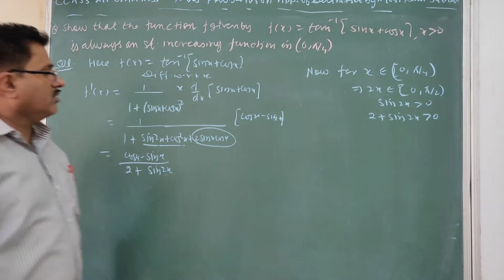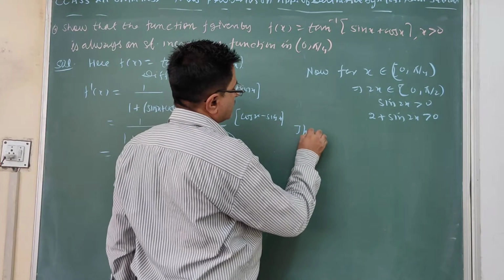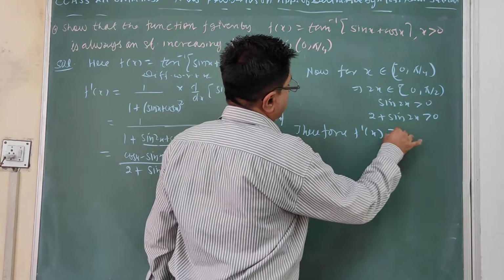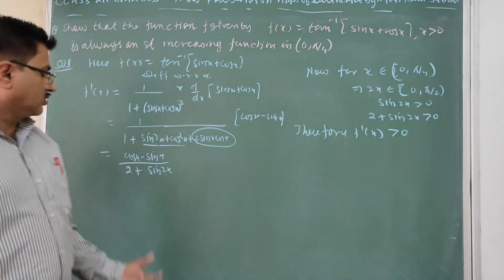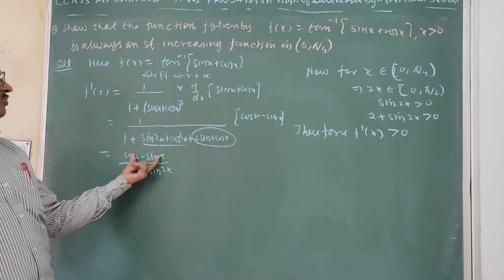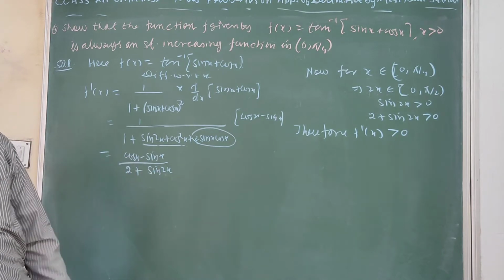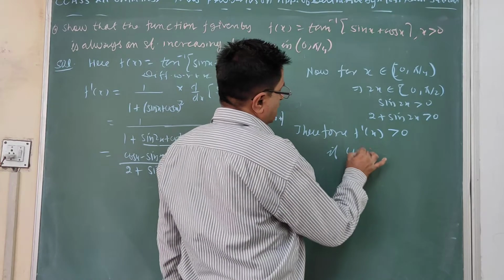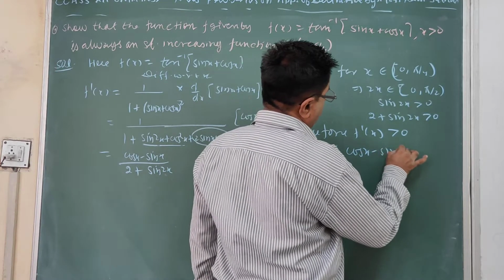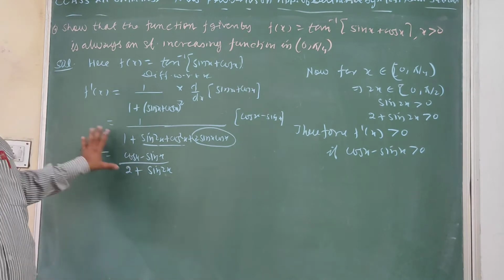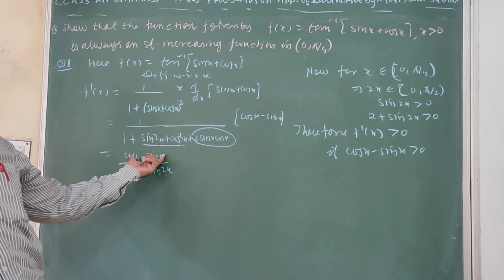Now you also know that if we need this to be strictly increasing, it means the derivative should be positive. So therefore, if the derivative is greater than 0, because the denominator is already positive, whether this value will be positive depends on the numerator. If the numerator is positive, that is cos x minus sin x is greater than 0. So if the derivative is positive, it means this should be positive.